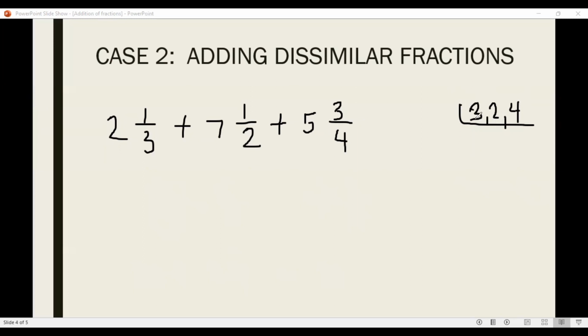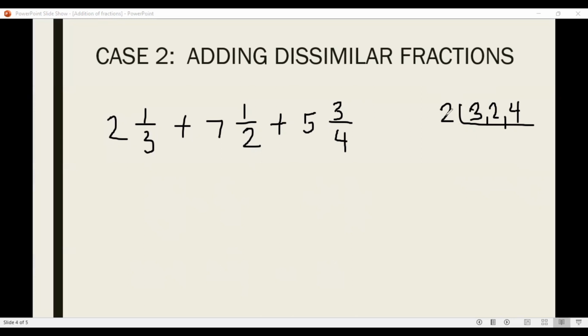Okay, so evaluate the numbers given, 3, 2, and 4. As you notice, if you are going to look for the greatest common factor of these 3, we only have 1. But if it concerns the LCM, we can actually have 2 and 4. Okay, and we know that these two numbers are divisible by 2. So we can now use 2 as your divisor.